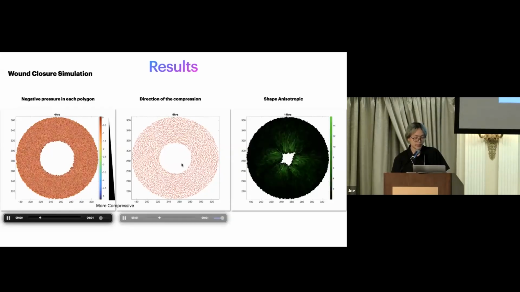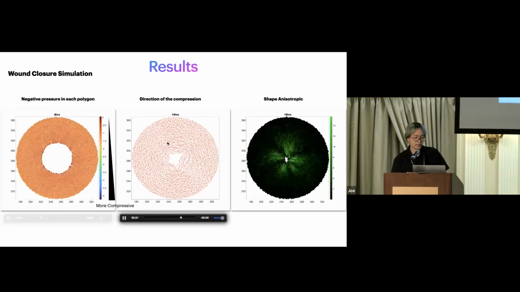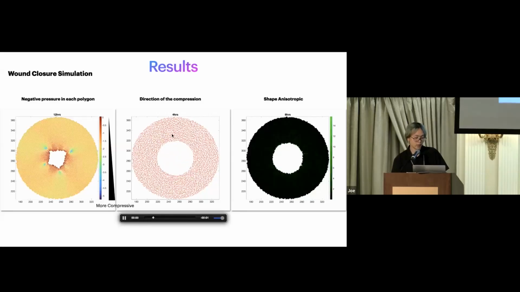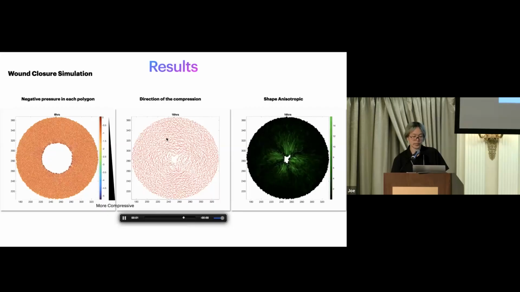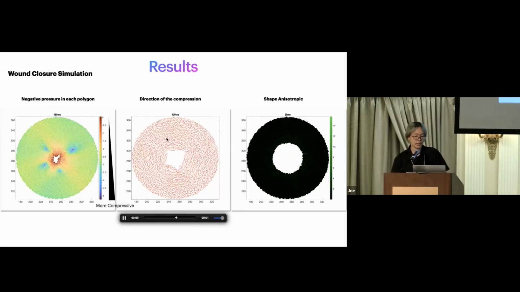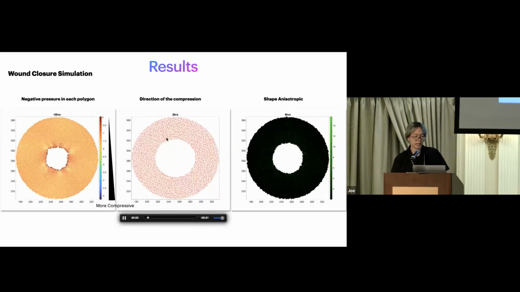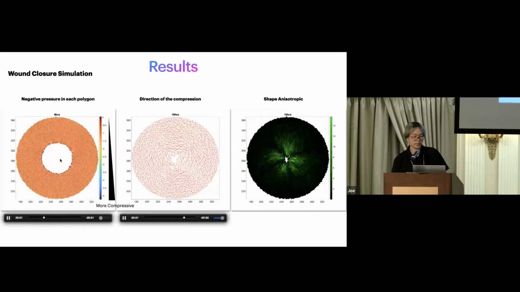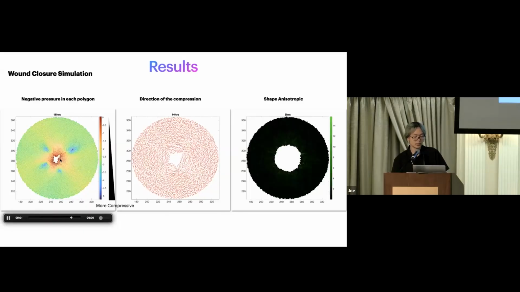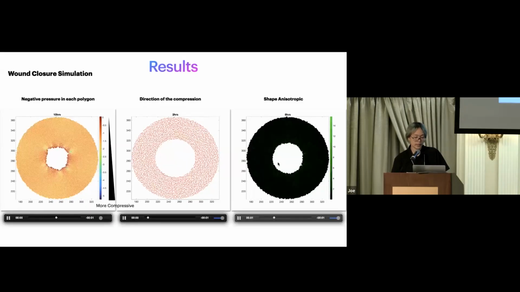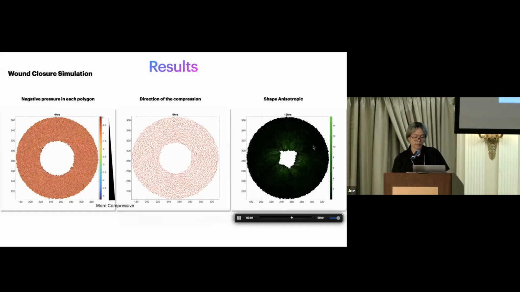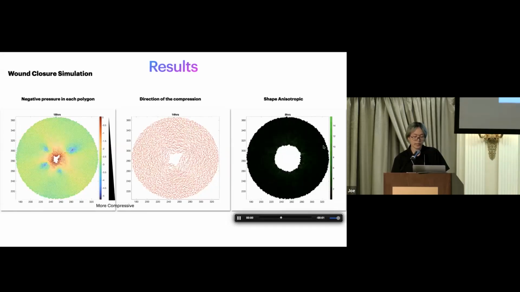And then the middle one shows the direction, all the lines there are the direction of the compression. So it's just telling you in which direction the cell or the polygon got compressed. And then the last one here is the heat map color for the elongation.